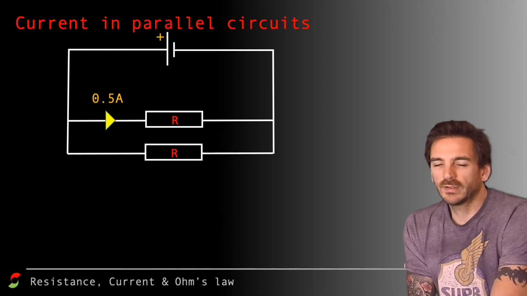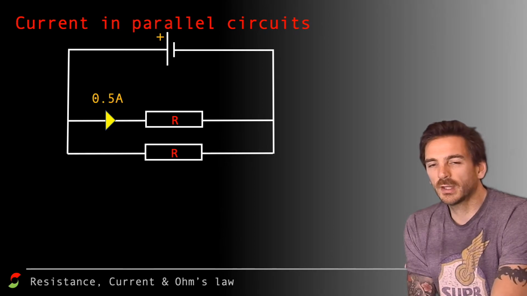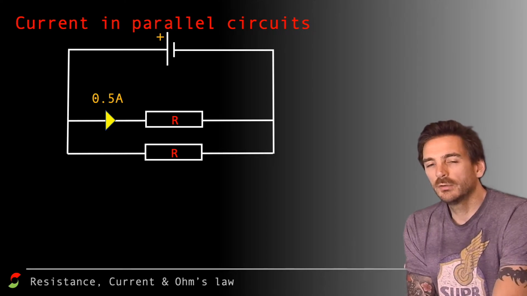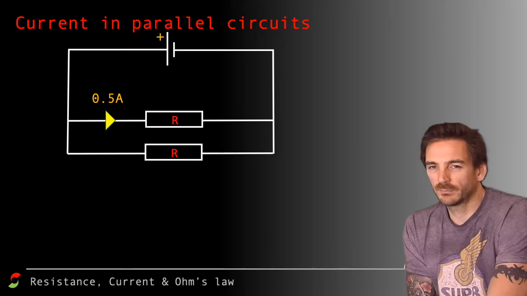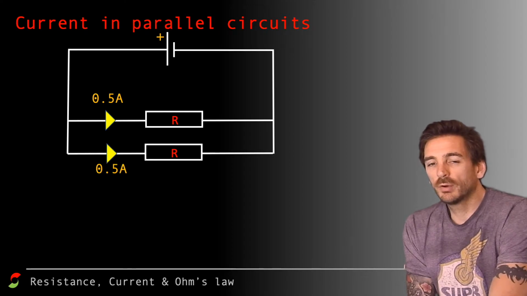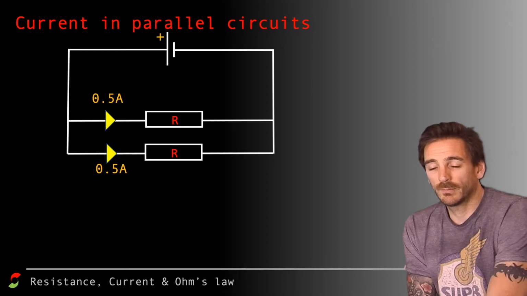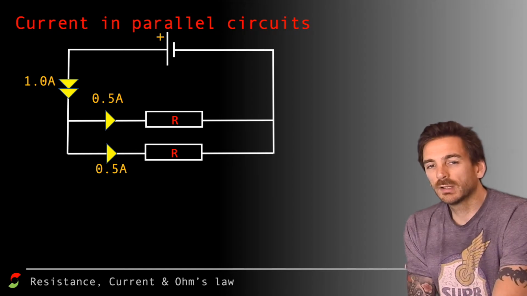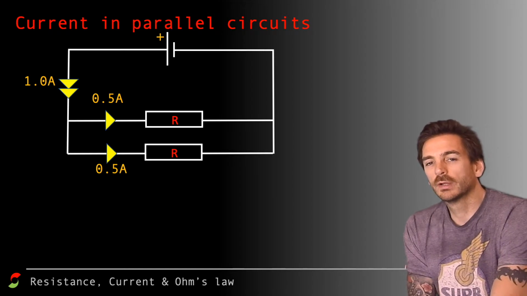What about current in parallel circuits? Here we've got our original circuit with just a single resistor in it, but we've added an identical resistor in parallel. Initially there was 0.5 amps flowing, and because we've added another identical resistor in parallel, 0.5 amps will also flow through that. That means the power supply is actually delivering 1 amp, twice the amount of current compared to just one resistor.